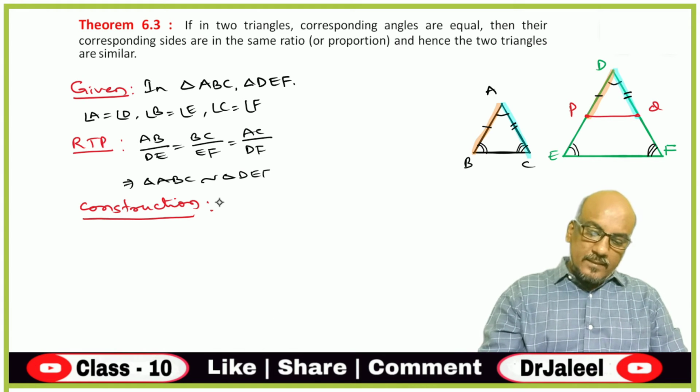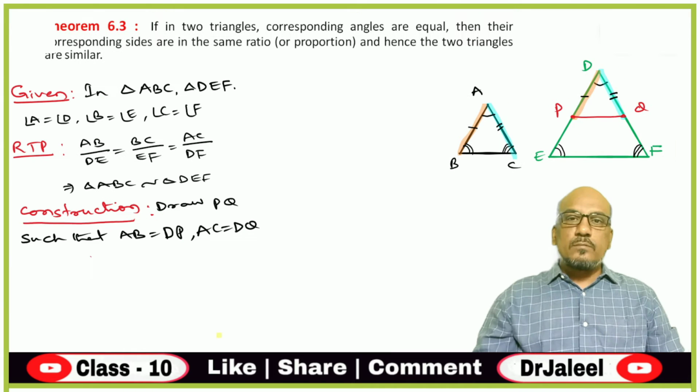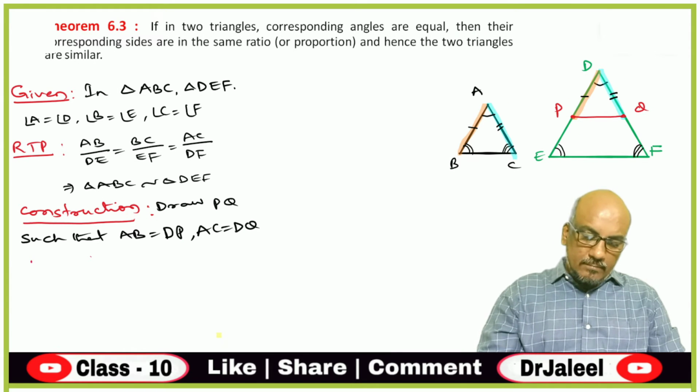So let's write it. Draw PQ such that AB is equal to DP, comma, AC is equal to DQ. We shall go for the next part of the theorem, a very important part called proof.